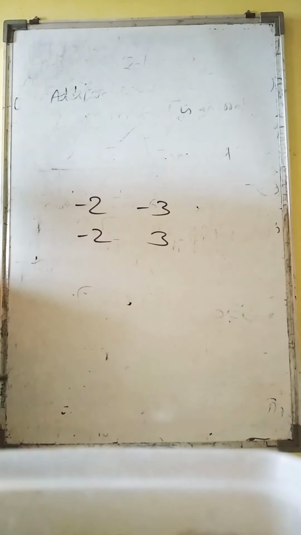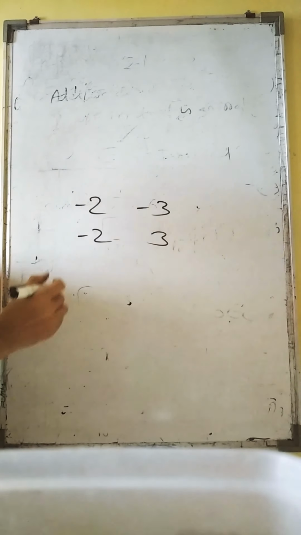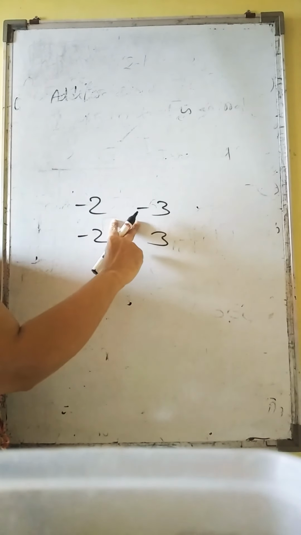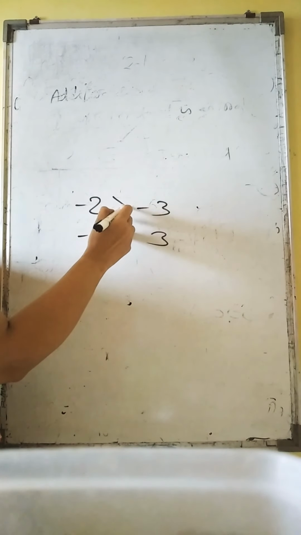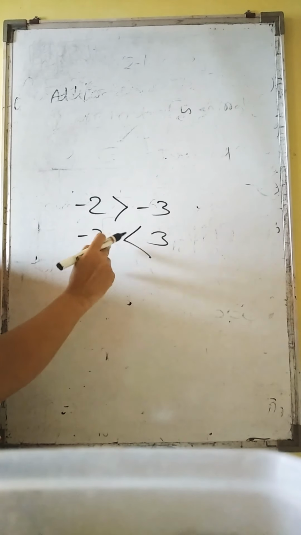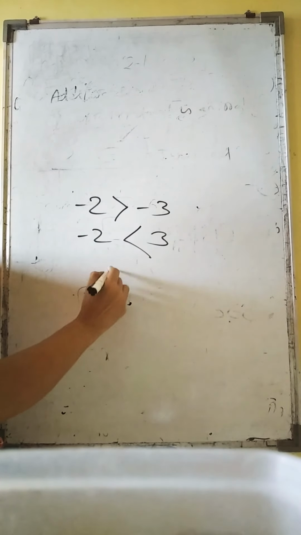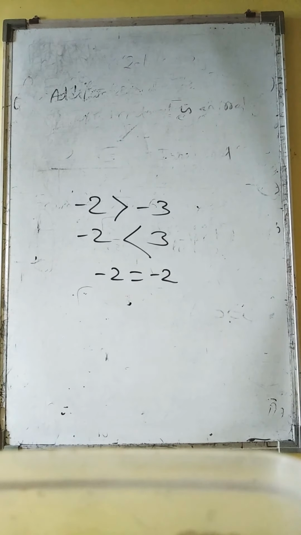Some real numbers are there. Then the relationship between the two numbers is that either one number is bigger than the other, or the other number is bigger than the first one, or both are equal. So either one is greater than the other, or less than the other, or equal. There is no other possibility.